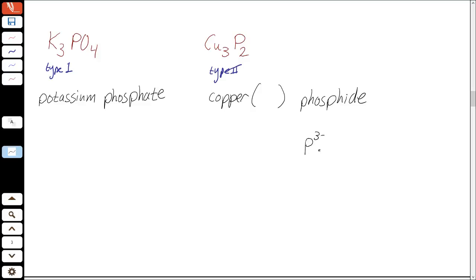And we know from the formula that there are 2 of them because it's Cu3P2. So if we have 3 coppers, what does the charge on each copper have to be so that the overall charge of the compound is neutral? 2, right, plus 2. So that tells us that this is copper(II) phosphide.